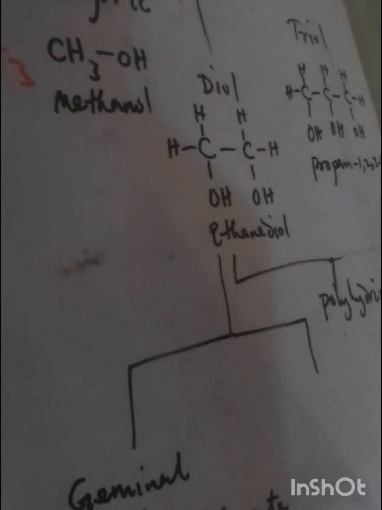And remember also that diol is classified into 2, which are geminal diol, otherwise known as carbonyl hydrate. And this is just an example. A diol that has 2 OH groups attached to 1 carbon.